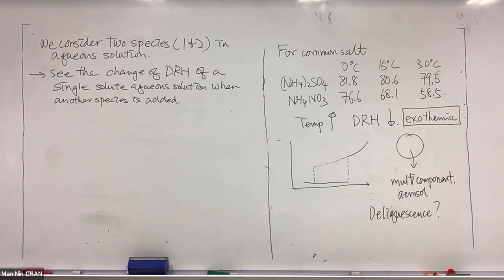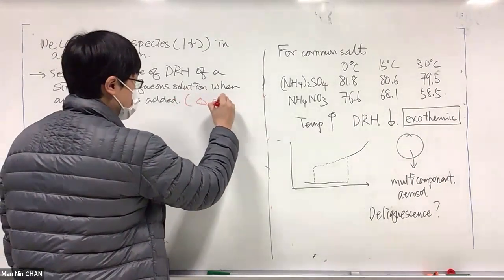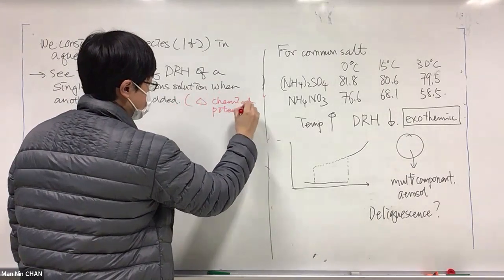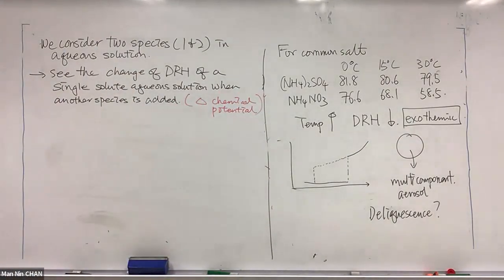So now if we add another species, we can try to discuss this by looking at the Gibbs energy, or how their chemical potential changes. If I add some species into the system, of course the chemical potential of my system will change.